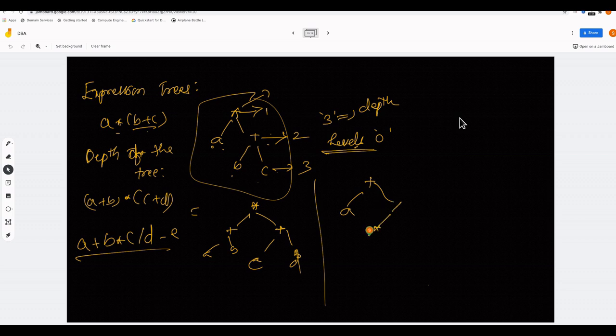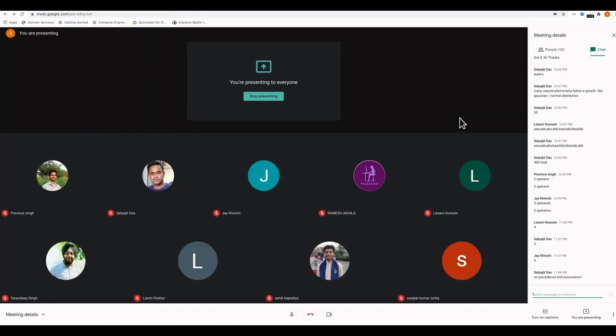Let me do B star C first, divided by D, and this whole thing has to be subtracted from E. So in the best case it is 1, 2, 3, 4, 5. I'm getting 5 levels.